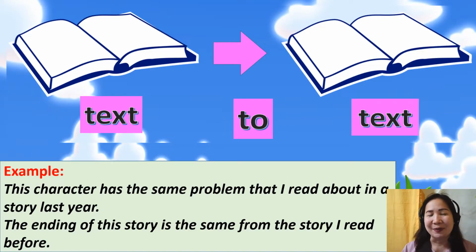From the examples, we can say that based on his or her readings, he or she is reminded of something about the story that he or she has read already. That is the text-to-text connection.